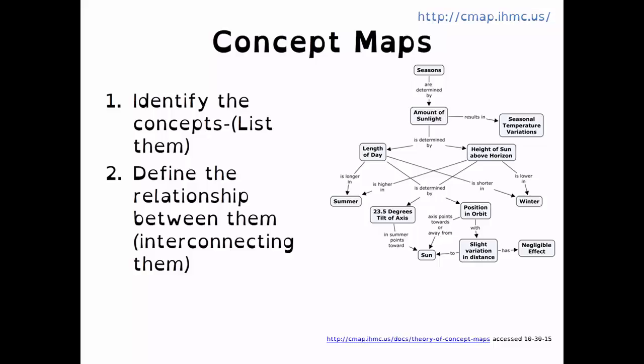And it can be as complicated as you want it to be, and you can have them add to it over several class periods. This is really great because they define the relationship by interconnecting them. This can also be used as an assignment outside of class. So this is a free software, and it's really nice because it's easy to read. You don't have to worry about handwriting.